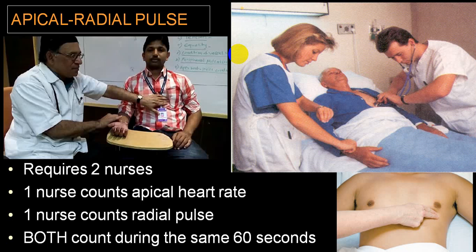This we call a miss beat, or we call it an absent pulse in comparison to the apex beat. This will happen when the ventricle contracts but there is no output. This will happen in premature beats.